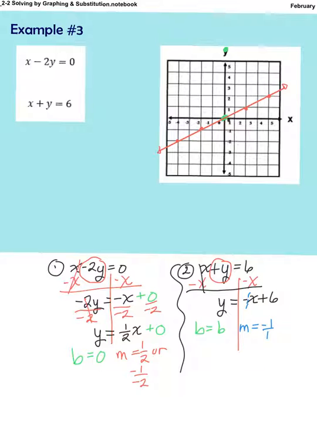Because it's not a fraction, I'm going to put it over 1, or change both signs, positive 1 over negative 1. So from that point, because I'm all the way up here, I can only go down. So my only option is this slope here, down 1 to the right 1, down 1 to the right, and so forth. So I'm just going to stair step that slope all the way down.